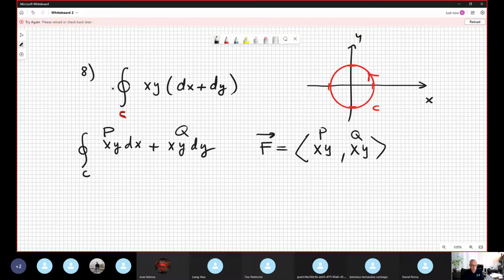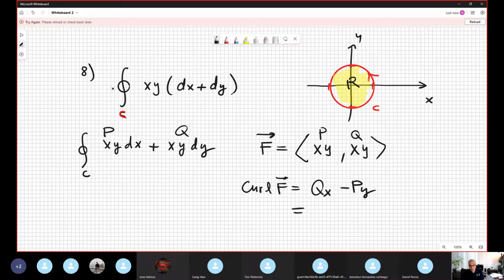Now, if you want to convert this problem into a double integral in the region R, then you have to compute the curl of this vector field. But it's easy because it's two-dimensional. It's Qx minus Py.